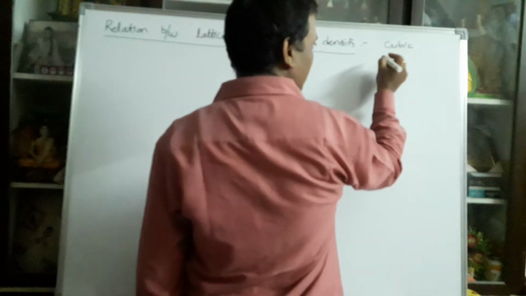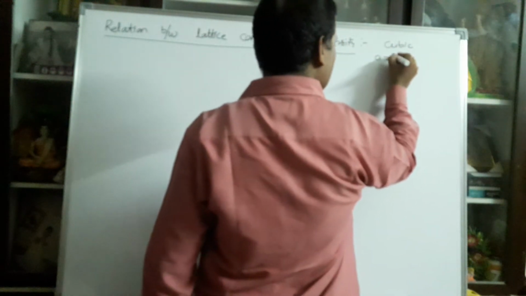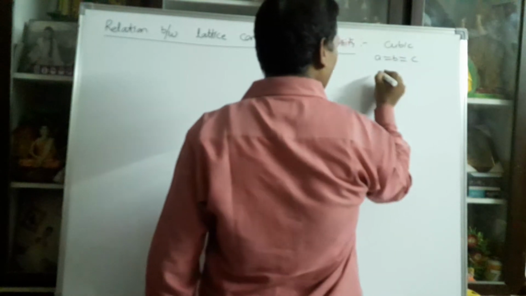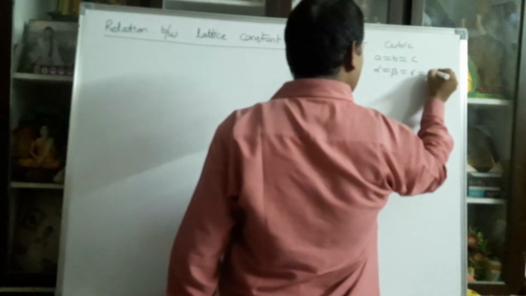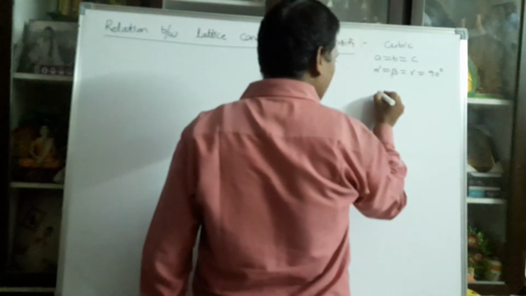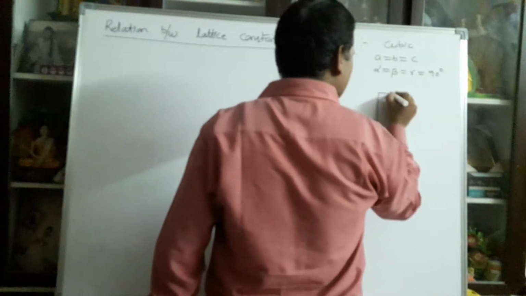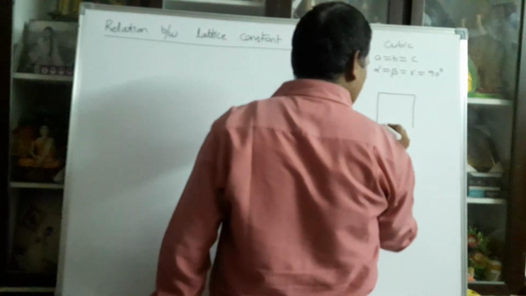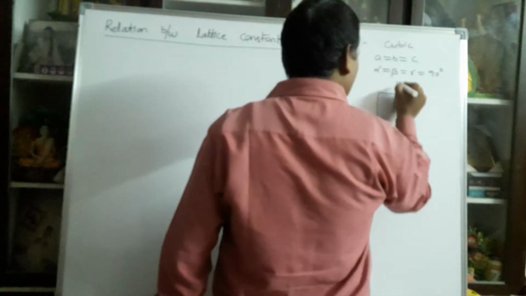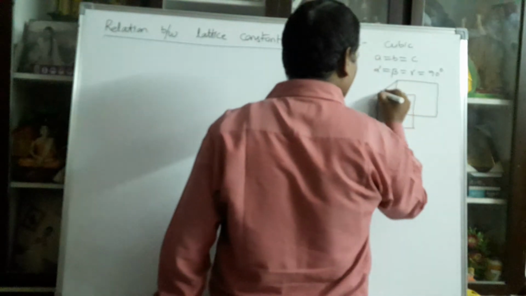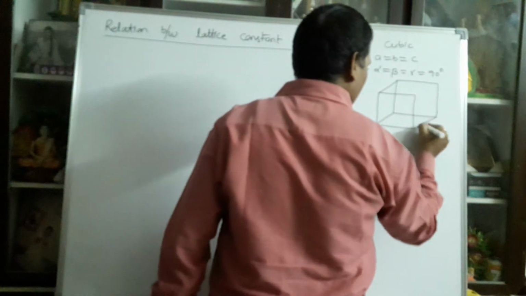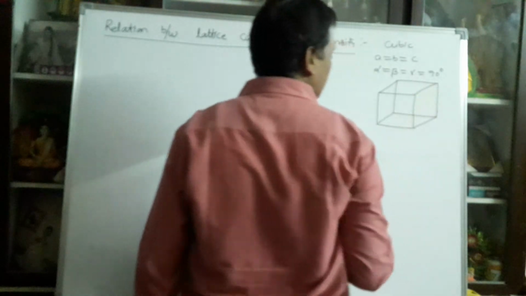The basic parameters of a cubic structure are a equal to b equal to c, and alpha equal to beta equal to gamma equal to 90 degrees. So I am assuming one cubic structure, and that cubic structure is drawn like this.